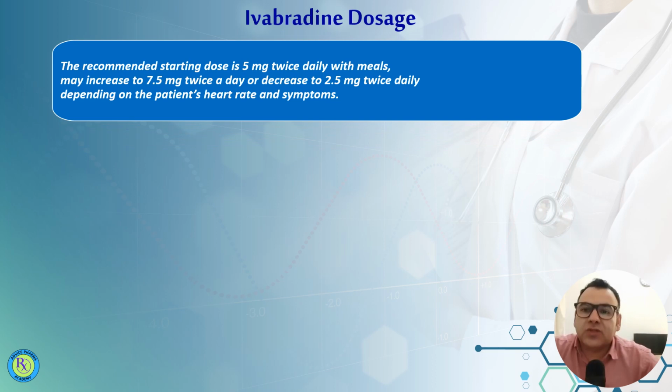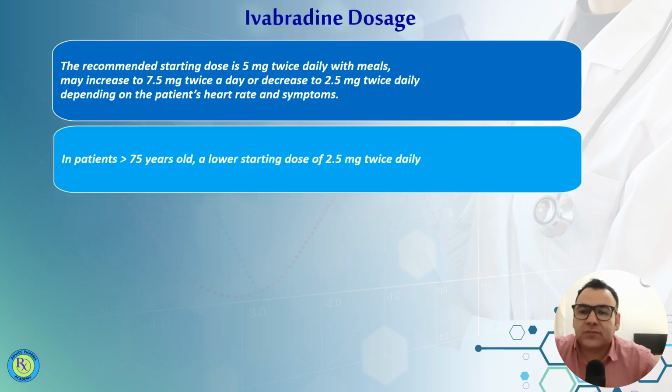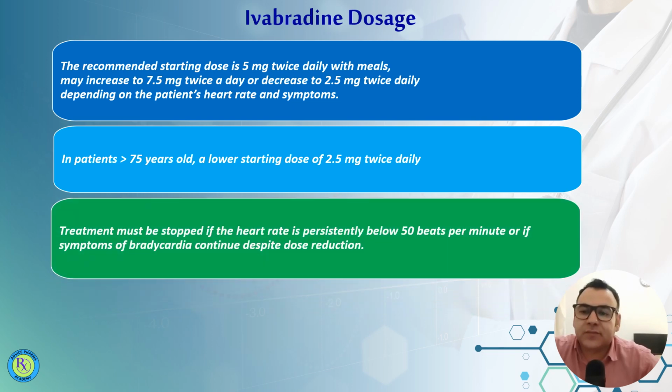What are the dosages? The normal dosage for all patients is 5 mg twice daily, which can be increased to 7.5 mg twice daily or reduced to 2.5 mg twice daily according to the symptoms and heart rate of the patient. In elderly above 75, the starting dose should be low, up to 2.5 mg twice daily.